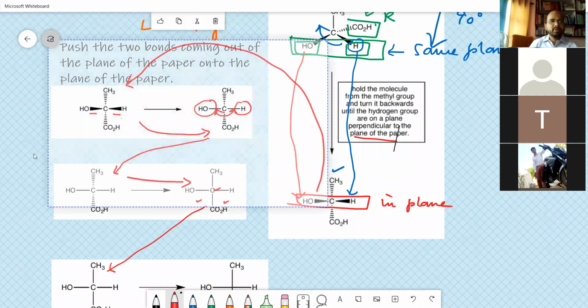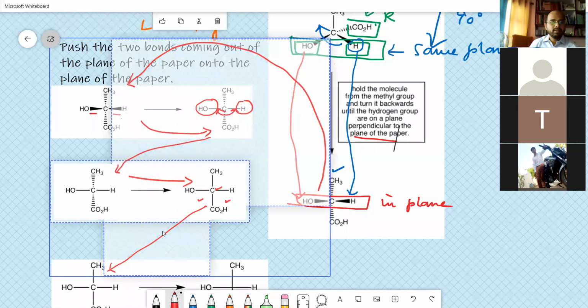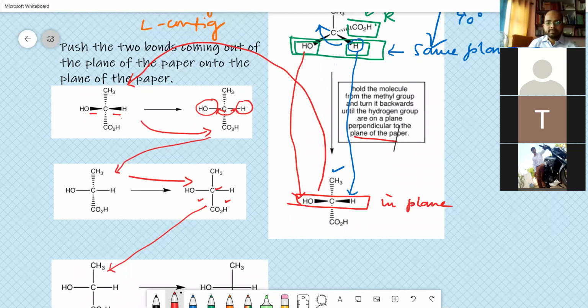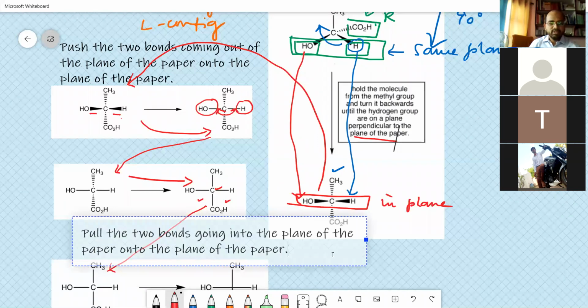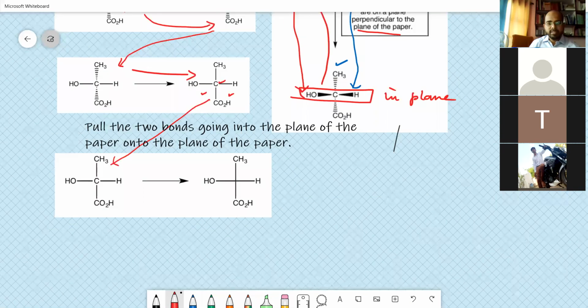Push the points coming out of the plane of the paper into that, and pull the two bonds going into the plane of the paper onto the plane of the paper. When you read it, you'll understand it. Pull the two bonds going into the plane of the paper, and then the last point, the fourth point, is omit the chiral atom for convenience.